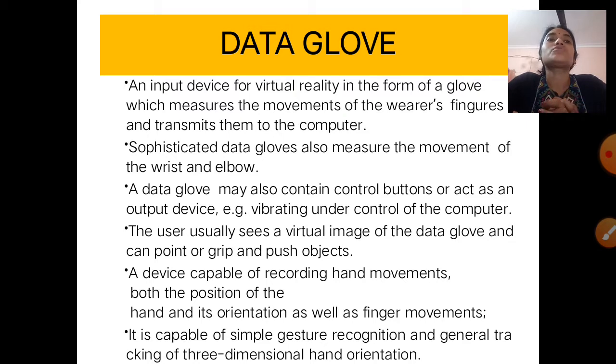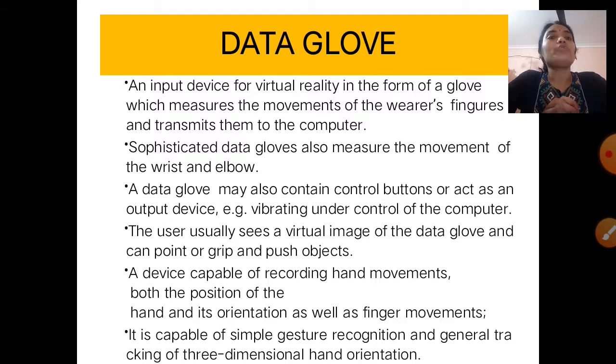Sophisticated data globes also measure the movement of wrist and elbow. Also it can be worn on the wrist and elbow. That means now worn on the hand, but when we move the wrist and elbow, it also measures or captures.